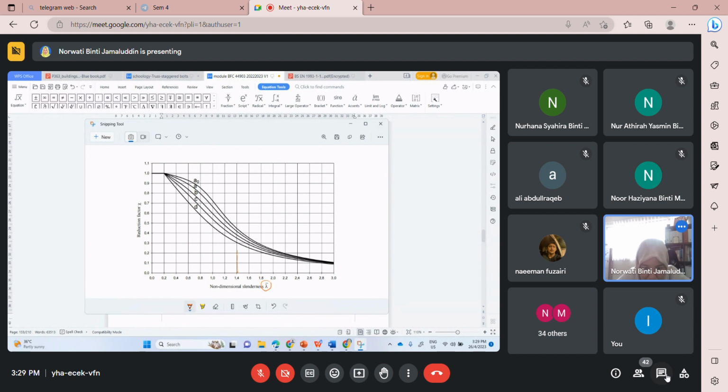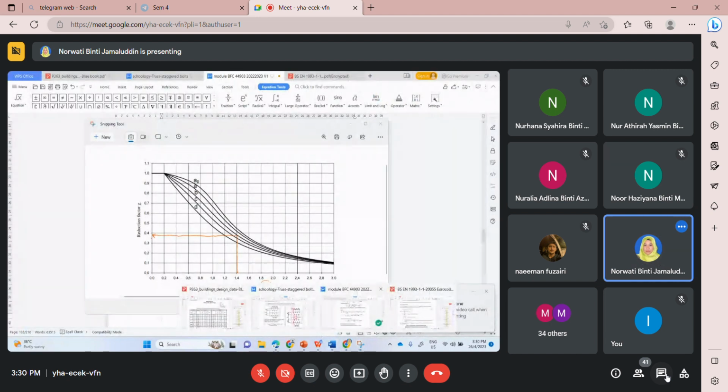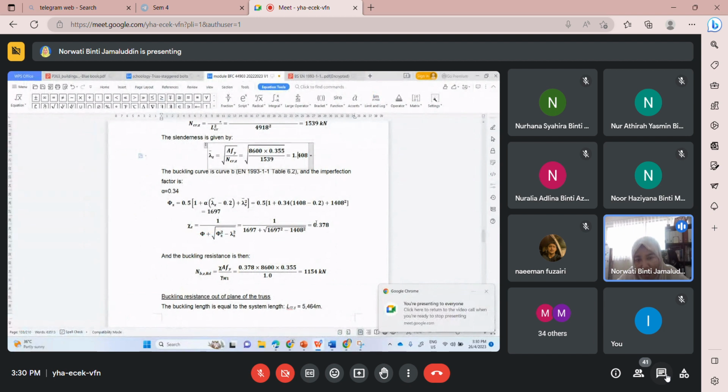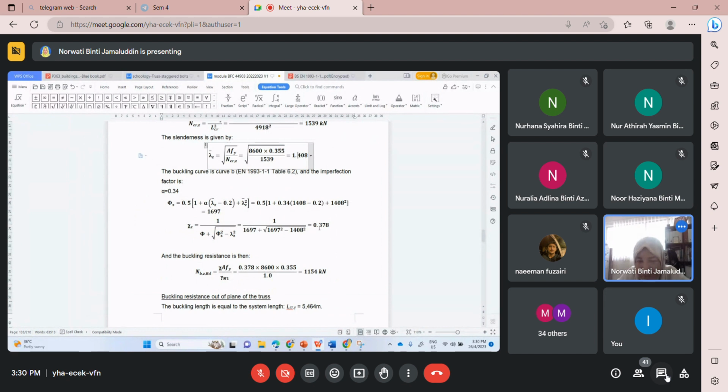Okay, we know that the buckling curve is buckling curve B. This is A node A. So the third line is B, and then chi should be 0.35, maybe 37, 38, maybe. Okay, 0.378.